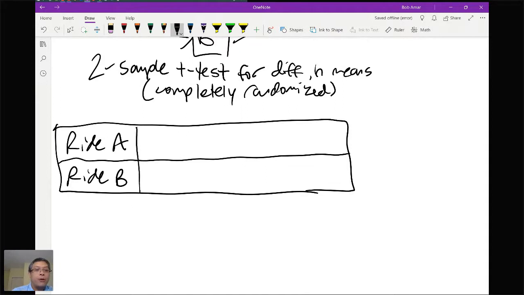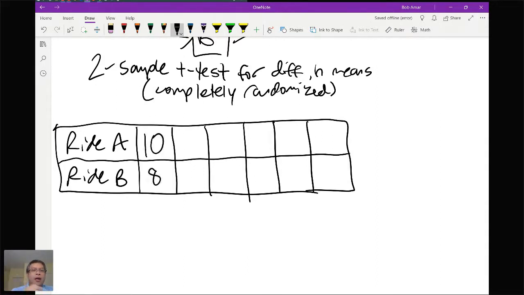It's a very small sample, but let's say that at the first random time, like 10 or 11 a.m., one person in your pair enters ride A and another person enters ride B. Let's say there's a 10-minute wait time at ride A and an 8-minute wait time at ride B. That is what happens at the same time.